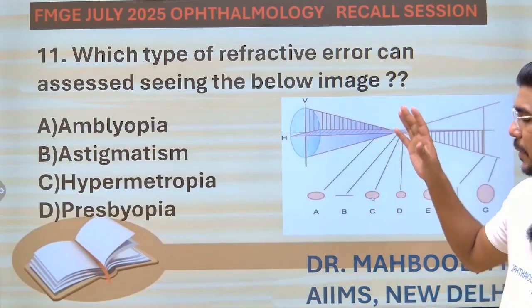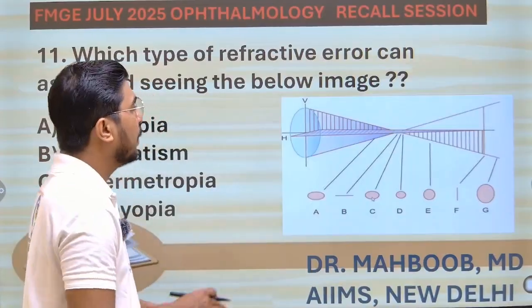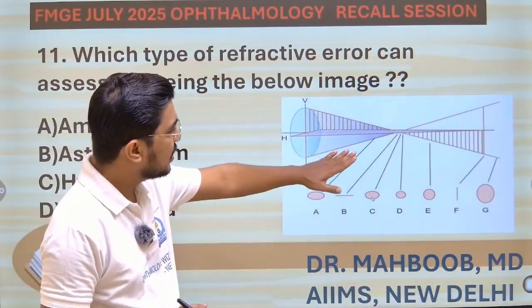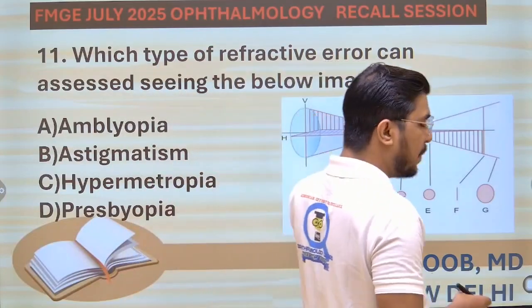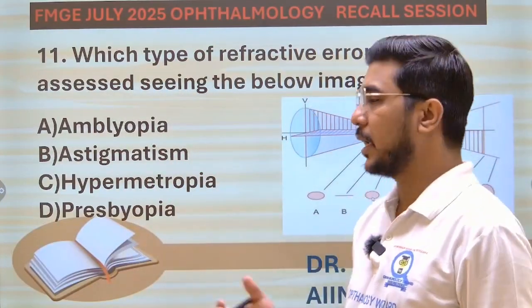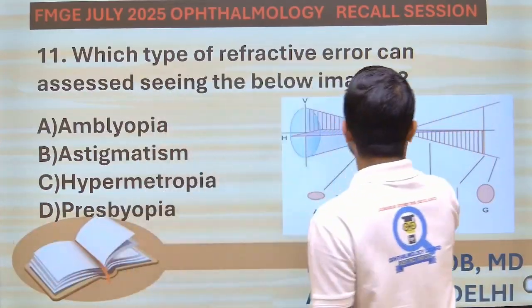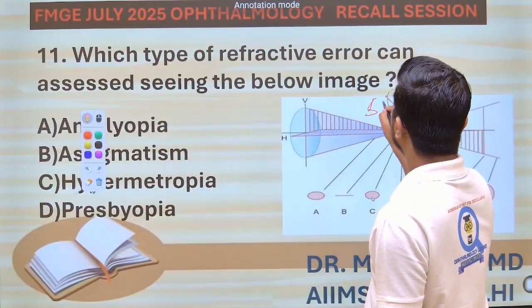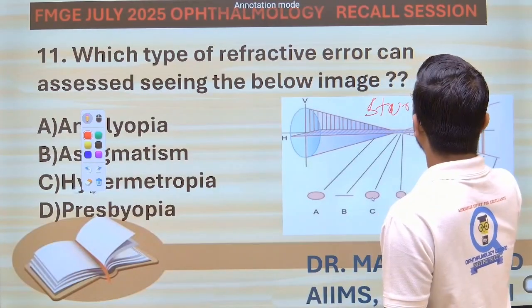Coming to this, this question is very classical and has been asked in previous year questions. They have given this image and they are asking which refractive error this image is representing. Just imagine, what is this? This is called Sturm's conoid.